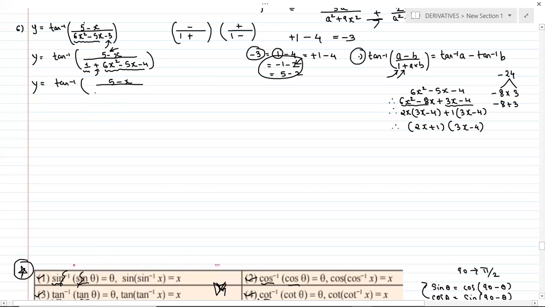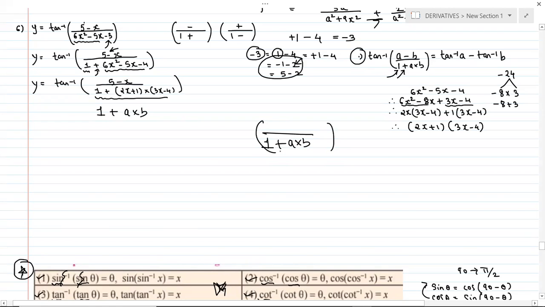So we had solved the quadratic equation, where we got the answer, one part is what? 2x plus 1, and the second part is what? 3x minus 4. Okay, so can you see in the denominator, this section, it looks like what? 1 plus a into b.